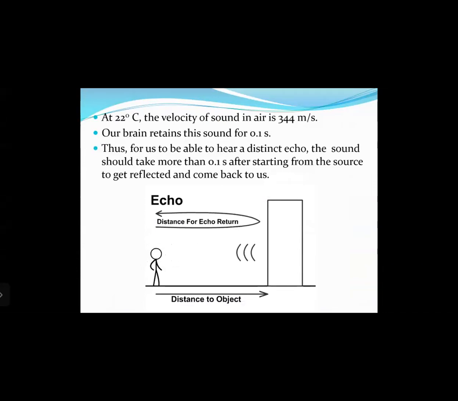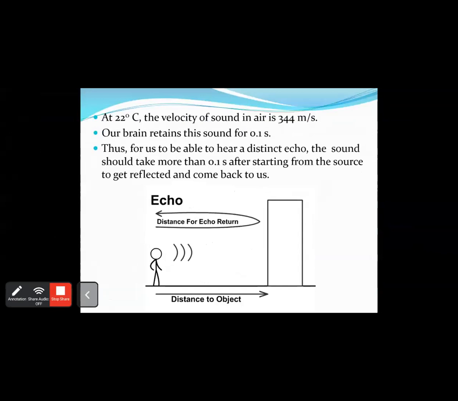That means whenever any sound enters into our ears, it is registered in our brain as sound, and we perceive it as a sensation of hearing. So whenever a given frequency enters our brain, it loses the ability to listen to that same frequency for a time interval of 0.1 seconds.